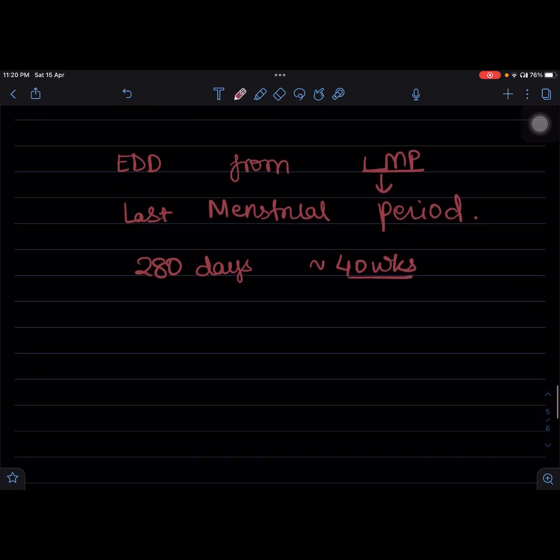So why 40 weeks? In the terms of obstetrics, we call a baby term when it is between 37 to 42 weeks, right? So what is term? Term is basically a baby who's fully developed, who's ready to come out and who can survive outside on its own. With new technologies and better NICU facilities, babies before this can also survive with some assistance.